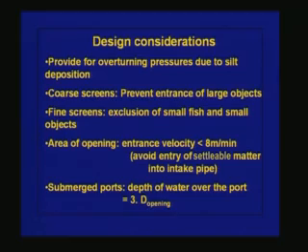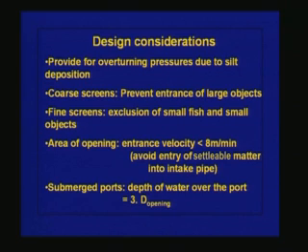So there will be differential earth pressure acting on this intake structure, and that can result in overturning pressures. When we do the structural design of these intake structures, these overturning pressures due to silt deposition should be given due consideration.